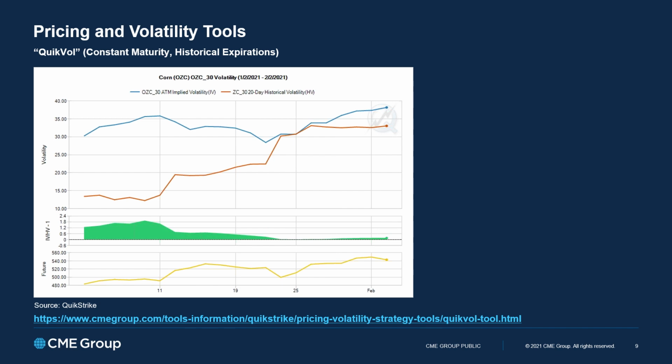Now, in and of itself, if I were to tell you that corn was trading at 37%, let's say, and then I told you that Bitcoin was trading at 80%, you might think, wow, corn volatility is actually pretty low compared to Bitcoin. Well, you have to look at these things in a historical perspective.